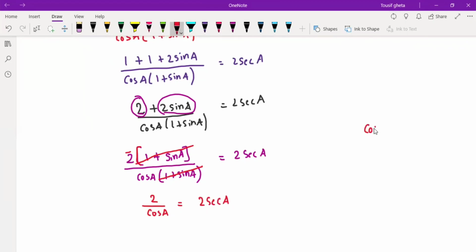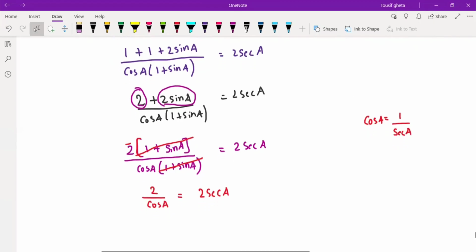Now you may be knowing the cos A formula. What is that cos A formula? 1 divided by secant A. So in the place of cos, we are going to write down its formula. Okay, so 2 will be remaining in the numerator. What we gonna write down in the place of cos A? As you can see, cos is the denominator, right?